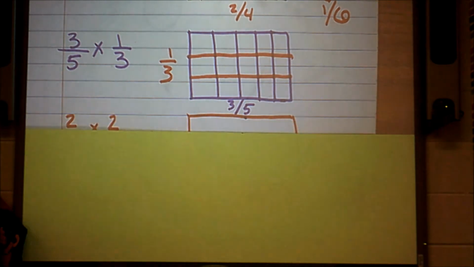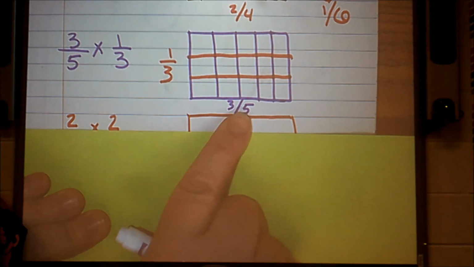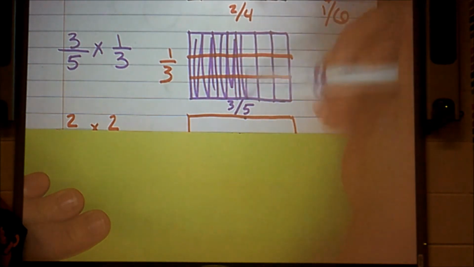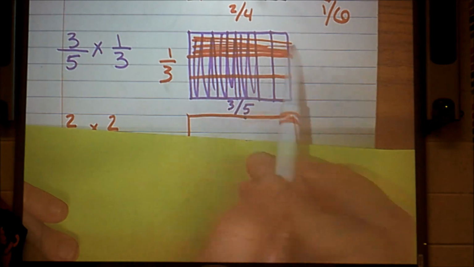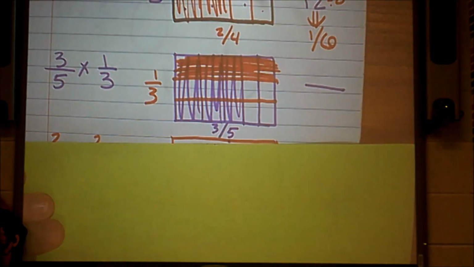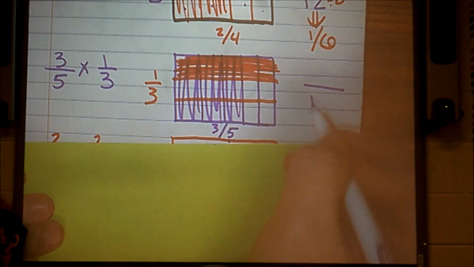Now what I forgot to do, that's my fault, is I forgot to shade in my 3 columns out of my 5. So I'm going to go back and go 1, 2, 3. And then I'm going to shade in one red row. I count my total number of pieces, which is my denominator, and I have 15.